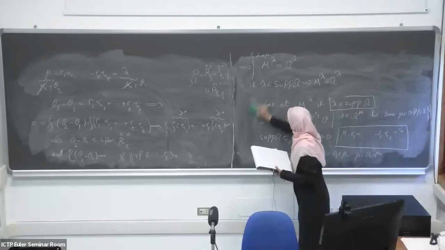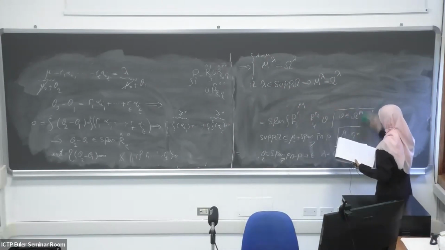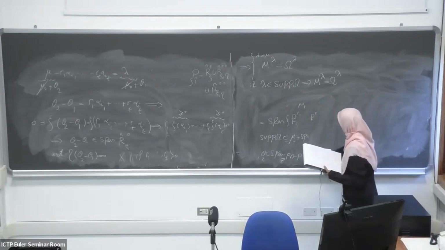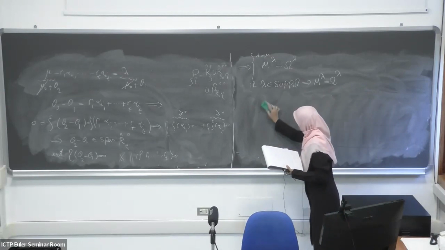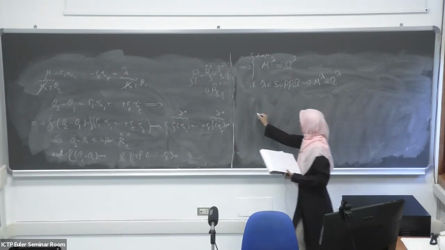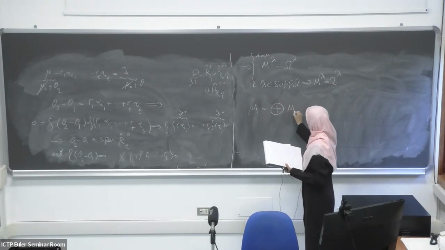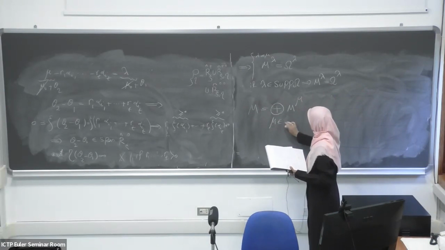So what we have: we had M equals direct sum M mu when mu is an element of H star.